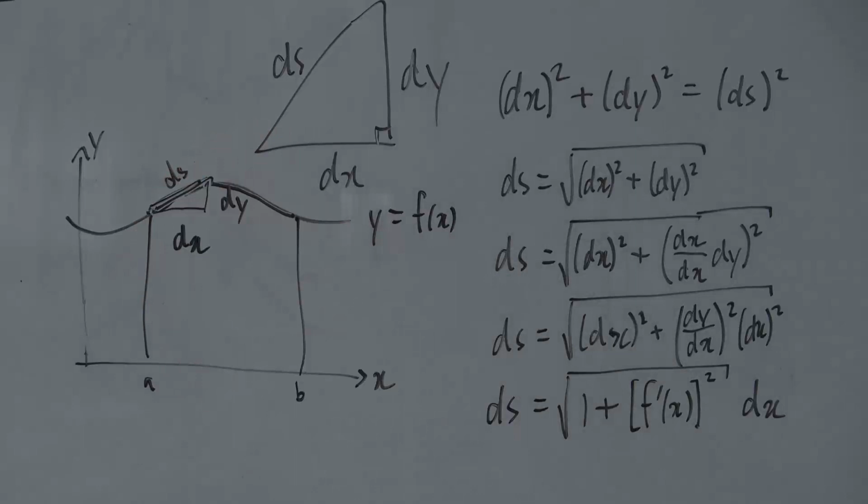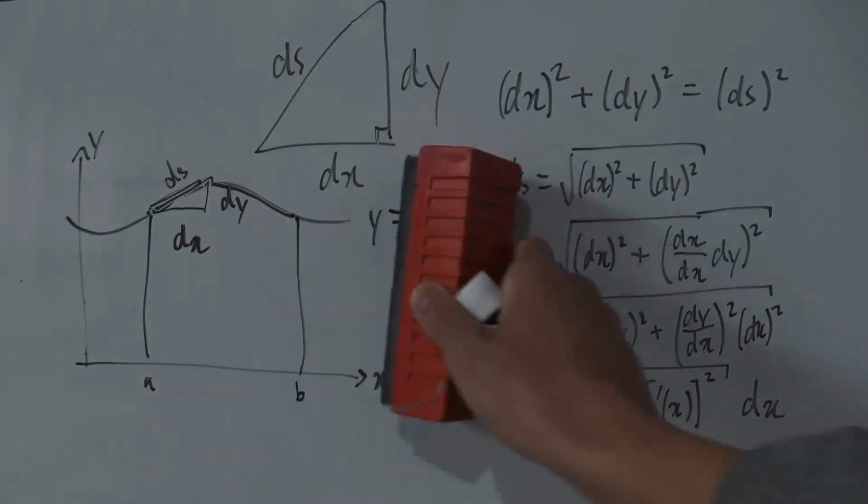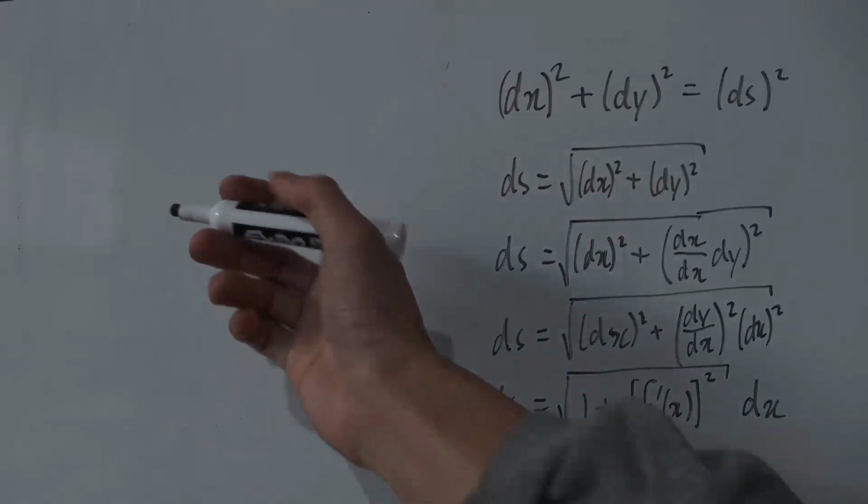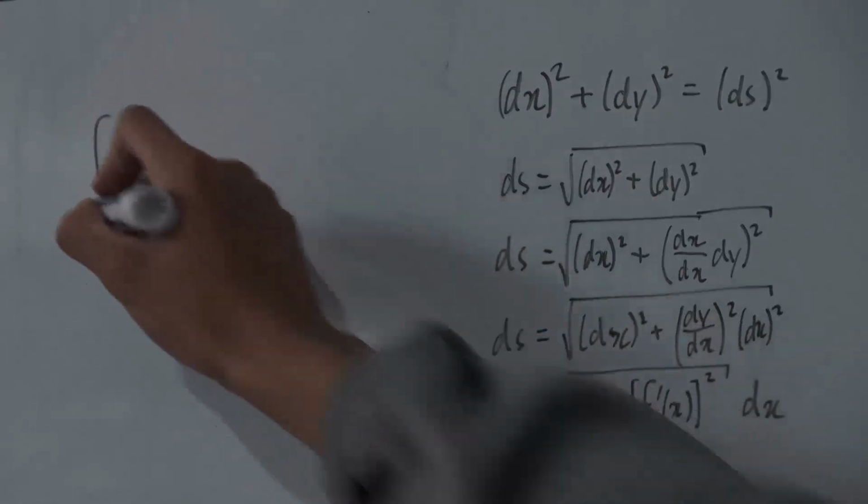So now we can use an integral to add all of these up, and because they're with respect to x, we can integrate them across an interval on our x-axis. So let's see. I'm just going to rub out this picture here, we don't need it anymore. So in the end, if we want to find the arc length across some interval on the x-axis, all we do is integrate.